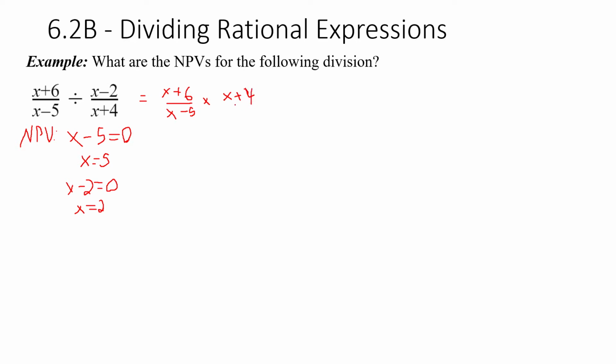And then we can combine those together and we get x plus 6 times x plus 4 over x minus 5 times x minus 2.